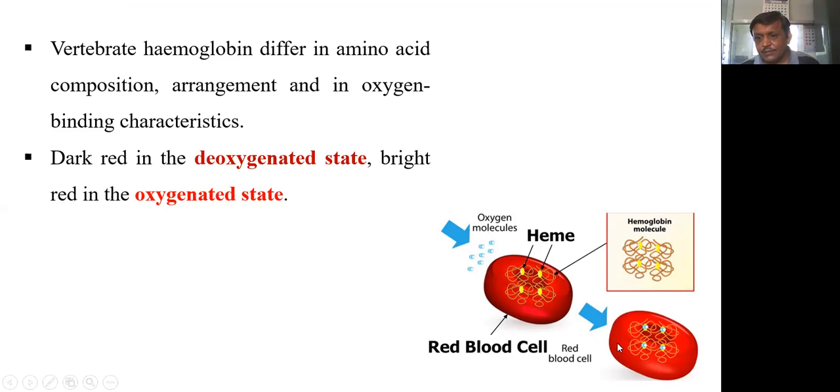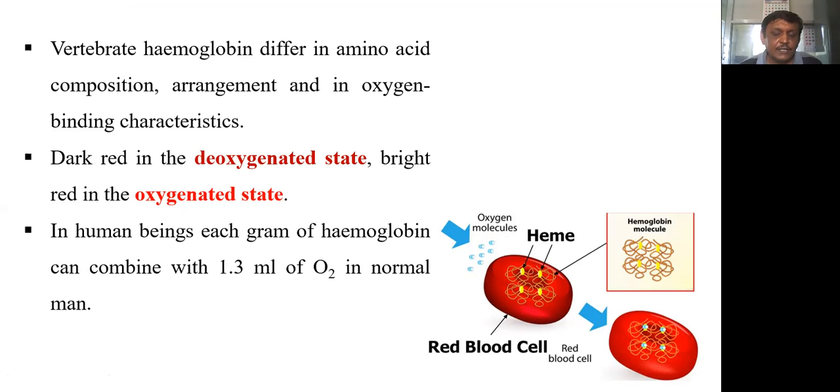Look at the shades of RBC. In this, the RBC is dark red in color, and here the RBC is bright red in color. So this is due to oxygen combining with hemoglobin. When oxygen is not combined with hemoglobin, it appears dark red, and when oxygen combines with hemoglobin, it appears bright red in color.